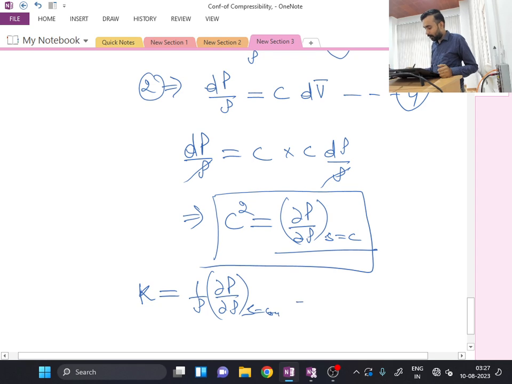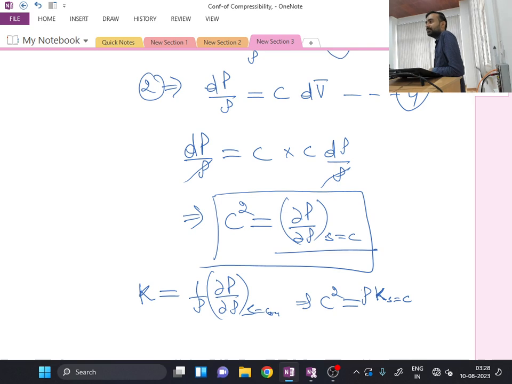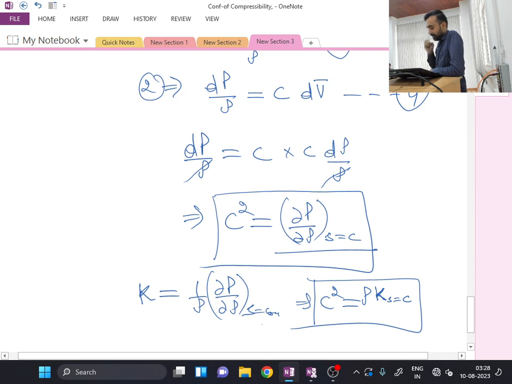So I can say that the speed of sound in any medium is nothing but equal to isentropic compressibility times rho. Is this one clear? So it will become nothing but rho times isentropic compressibility. Okay, so this is another relation for the speed of sound. Is this one clear?